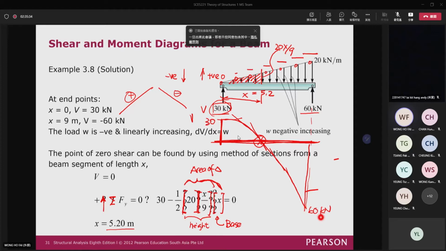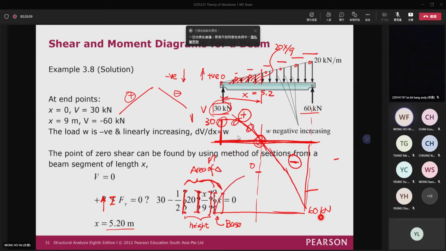And then for the bending moment, if you want to draw the bending moment, the shear on this side is positive. The shear on this side is negative. So you know that at this location, the slope is equal to 0. And then the bending moment is a positive value, smaller, and becomes 0.